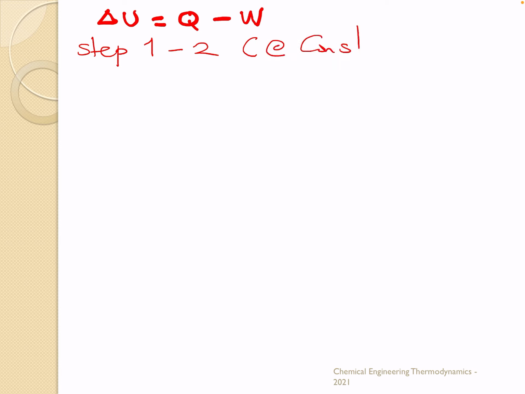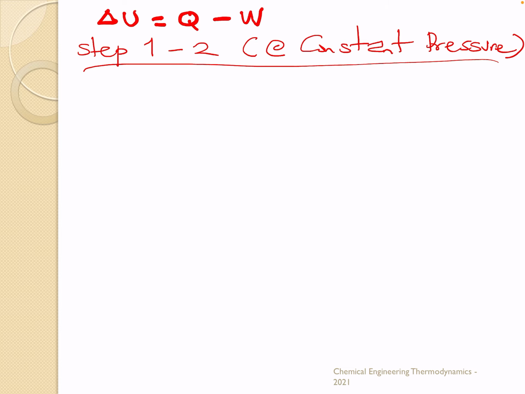We know our formula, which is change in U for the first law of thermodynamics equals Q minus W. So for step 1 to 2, which is at constant pressure, all those details are important. What happens there? We said that it receives work, so work is being done on the system.